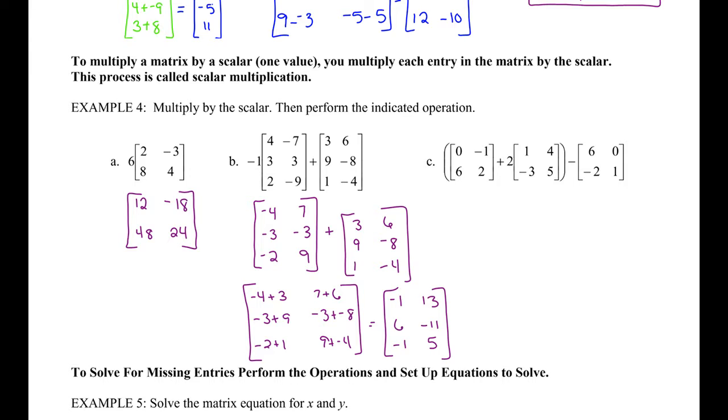This matrix would be my final answer. Please try example 4 on your own. Notice that there are parentheses, so you'll want to simplify those matrices inside the parentheses first before combining it with the matrix on the end.